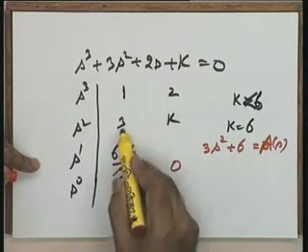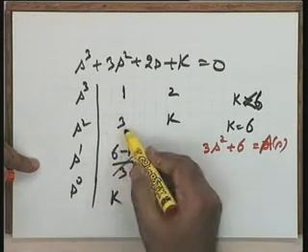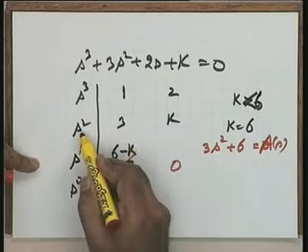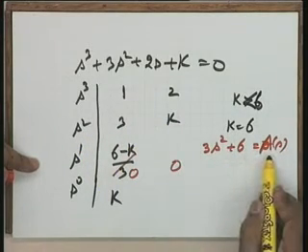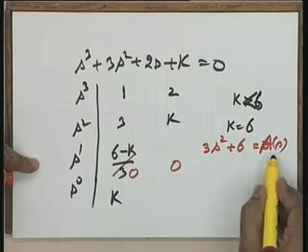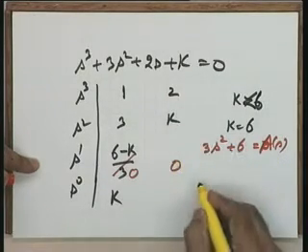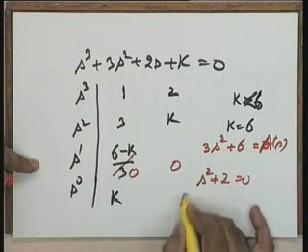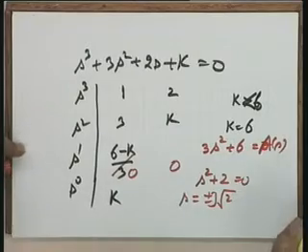3s squared plus 6, because k is equal to 6 gives you all 0 row, you have to go to one previous row, and 3 into s squared, k into s to the power of 0, the even order of s, will give you this polynomial, and therefore the roots of this polynomial are the roots of the original characteristic equation. As you find that the roots are s squared plus 2 equal to 0, or s is equal to plus minus j under root 2. These are the roots.